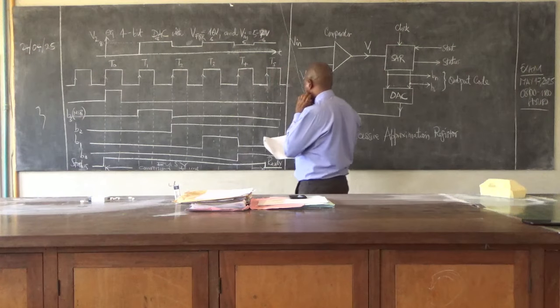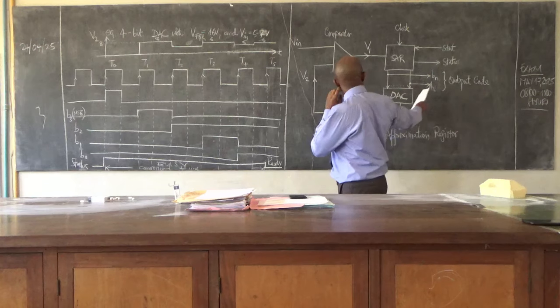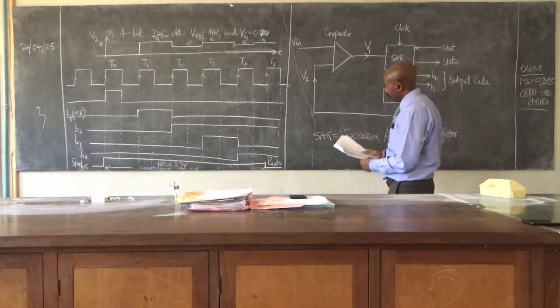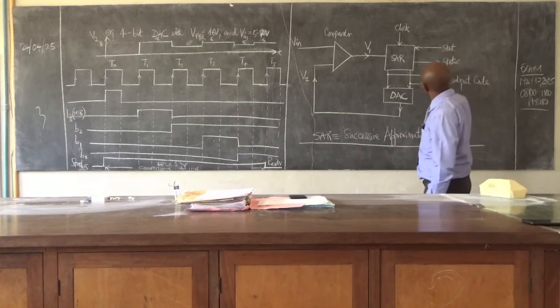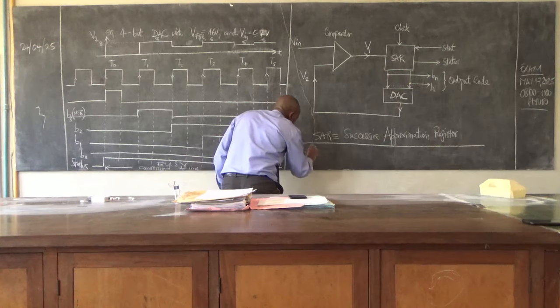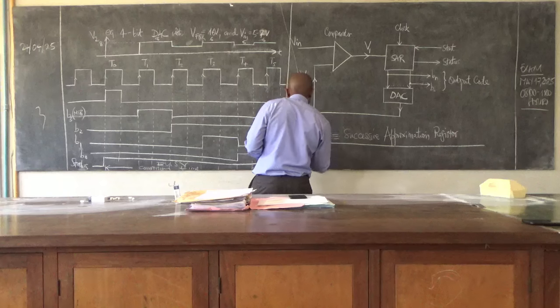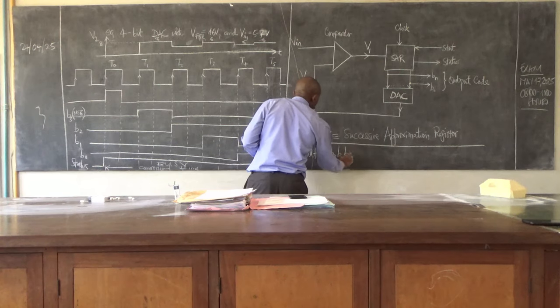Anyway, if we receive the result of this here, I don't want to rub this so that you see this result here. We have B3, B2, B1, B0.